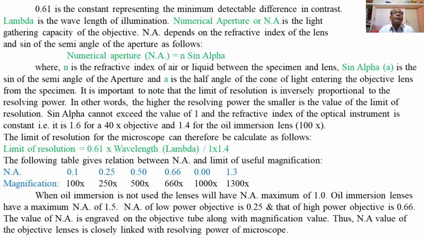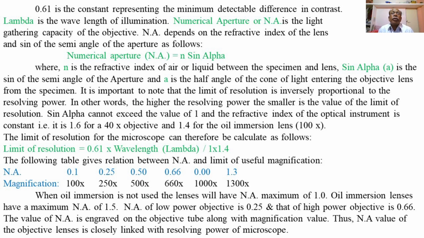0.61 is the constant representing the minimum detectable difference in contrast.